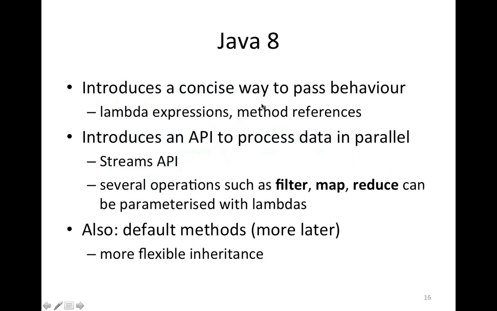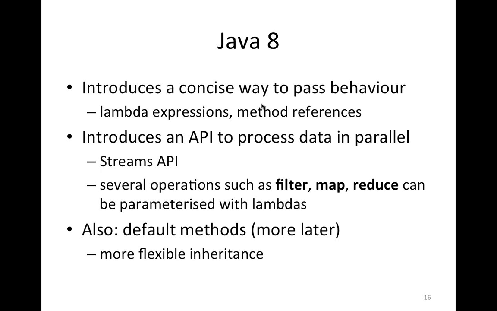All right, so now I'll give you a quick overview. Hopefully I've whetted your appetite, and we'll go into more details to explain each of those features and concepts. Java 8 provides you a concise way to pass behaviors. This is driven from two features, one called Lambda Expressions, and the other called method references.